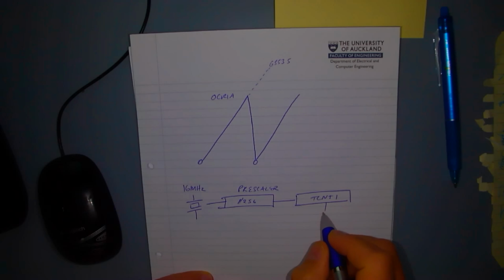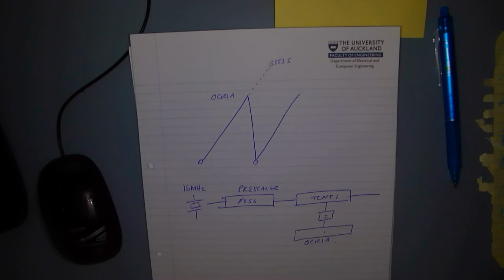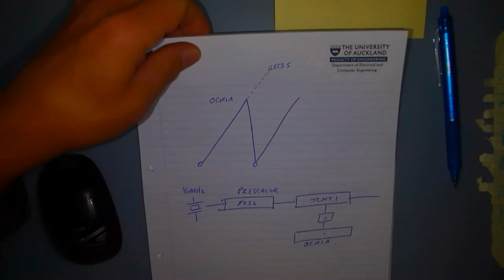And then of course we've got our comparator, which is comparing it to some other value in the output compare register 1A. So what value goes in here to give us an interrupt at 1 second?